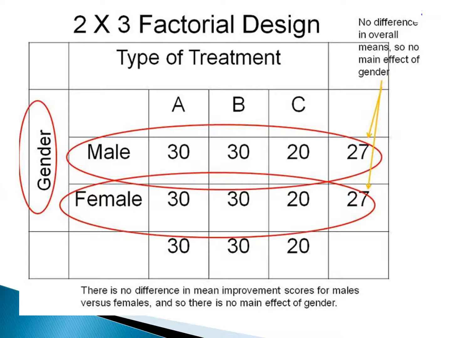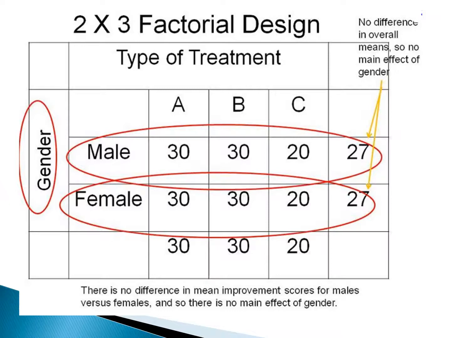But if we look column-wise, we see treatment A results in some sort of a score of 30, treatment B 30, treatment C 20.